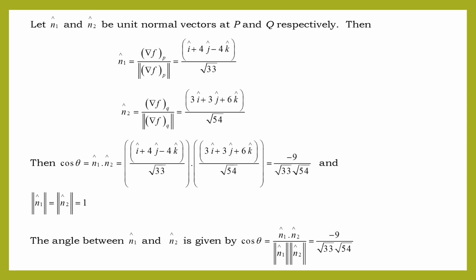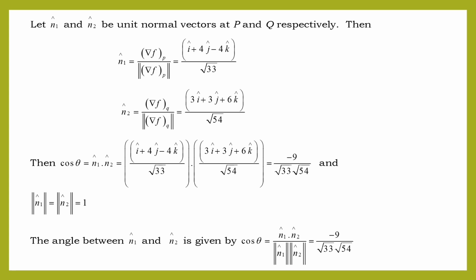So far we have found del f at P and del f at Q. The del f at P represents the normal to the given surface f of x comma y comma z equals xy minus z square at the point P 4 comma 1 comma 2. Del f at the point Q represents the normal to the surface xy minus z square at the point Q 3 comma 3 comma minus 3.